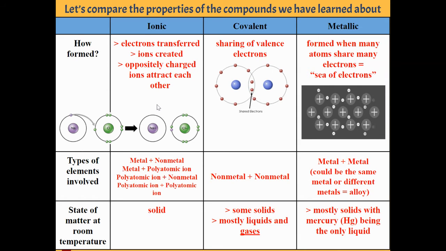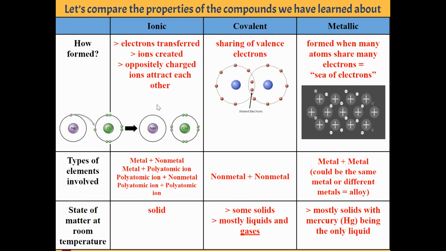This is going to happen anytime we have a metal and a nonmetal, a metal and a polyatomic ion, a polyatomic ion and a nonmetal, or two polyatomic ions. Covalent compounds, on the other hand, involve the sharing of electrons. The electron clouds overlap, and the electrons are shared between the two atoms. This is happening between two nonmetals. And then finally, we have our metallic.